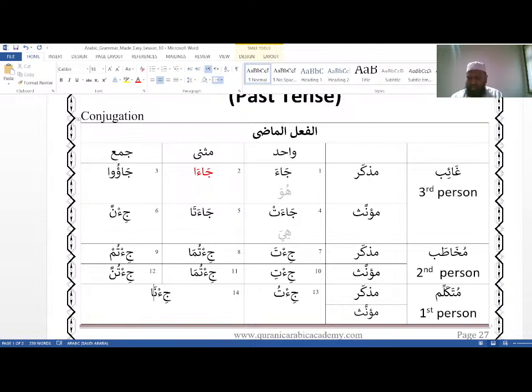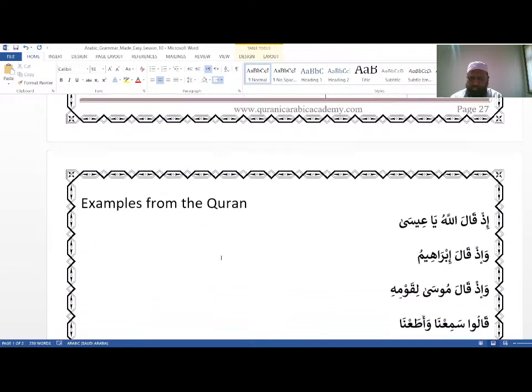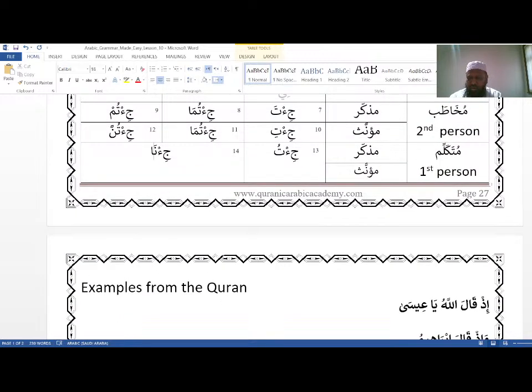So let's look at some examples from the Quran. I have examples from the fi'l قال and كان. إذ قال الله يا عيسى. Any fi'l, it is in حالة الرفع, it will be the fa'il. إذ means when.